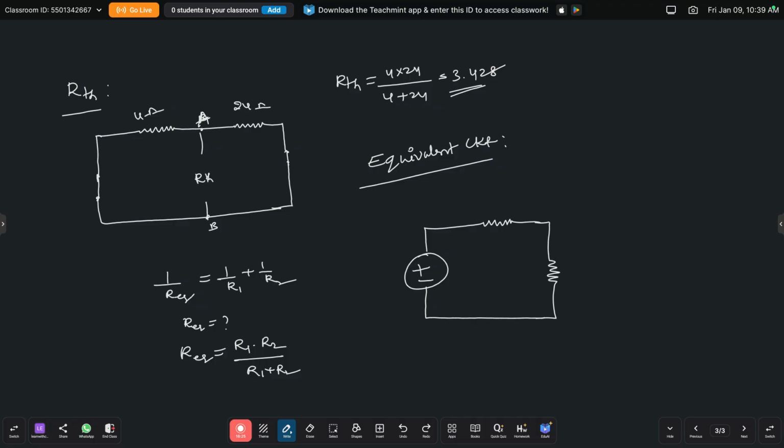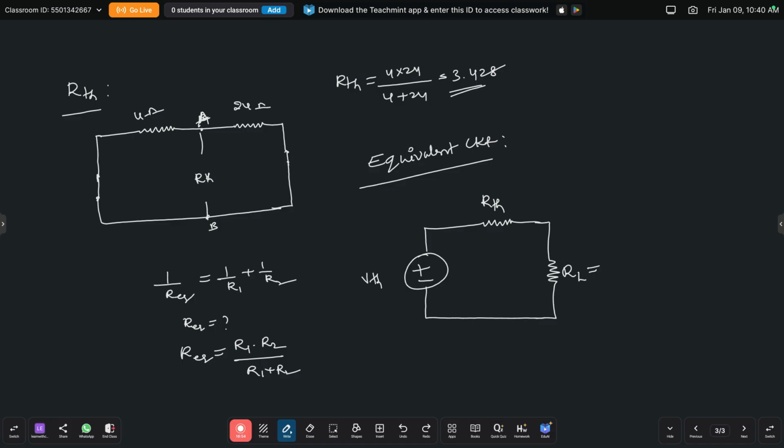For any problem, by applying Thevenin's theorem, we can draw the equivalent circuit in the same way. The given circuit consisting of any number of voltage sources or resistances can be replaced by a single voltage source, that is Vthevenin, connected in series with a single resistance, that is Rthevenin, and that combination is connected across a load resistance, that is RL.